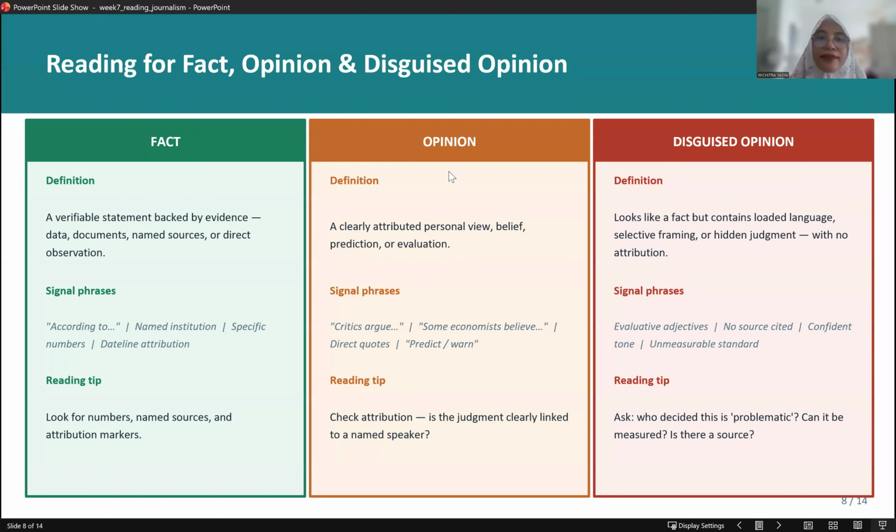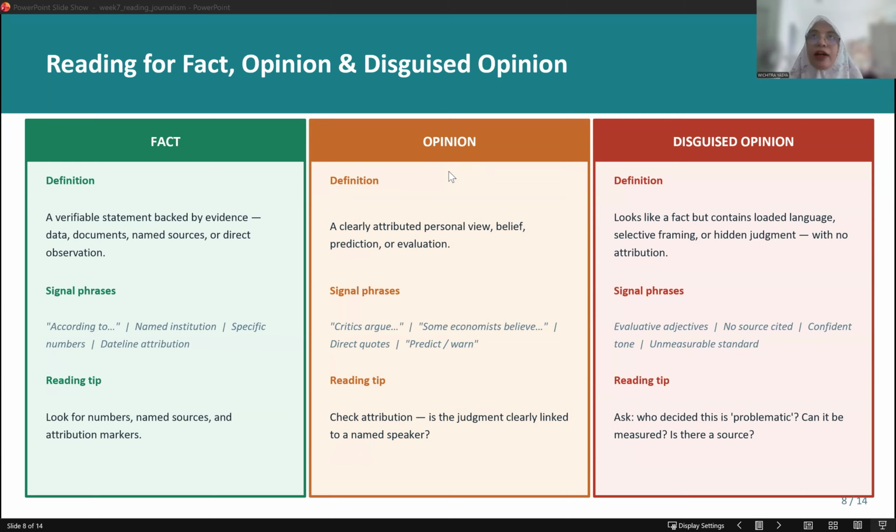Okay, as I've said before, a news article usually contains facts because they are reporting something. Ya, jadi artikel berita pasti isinya adalah fakta, di mana mereka melaporkan sesuatu yang terjadi, yang itu benar-benar terjadi. So it shouldn't, or most of it should be facts.